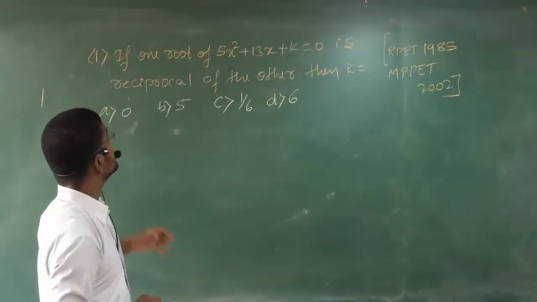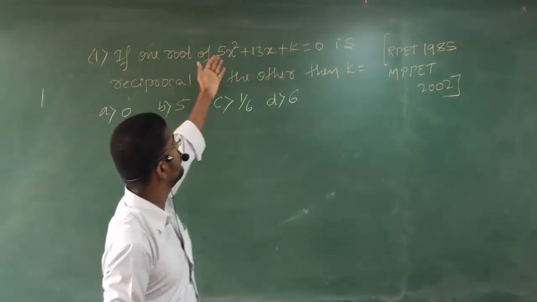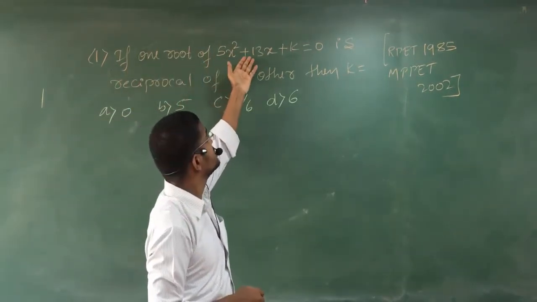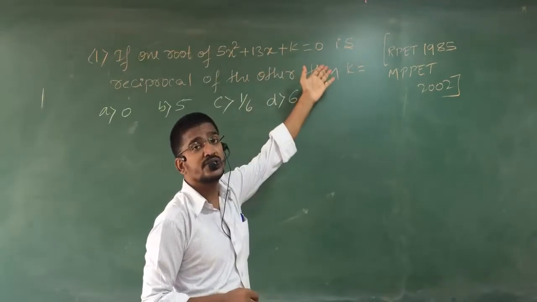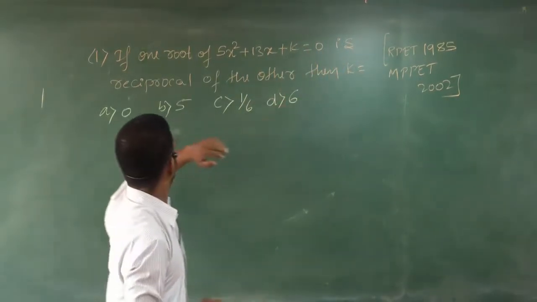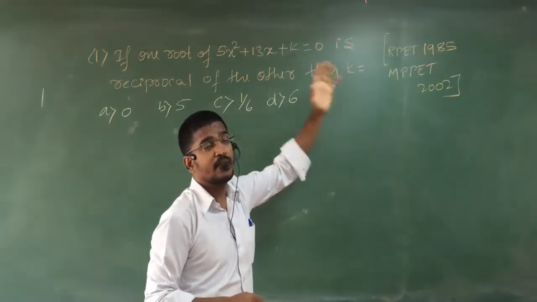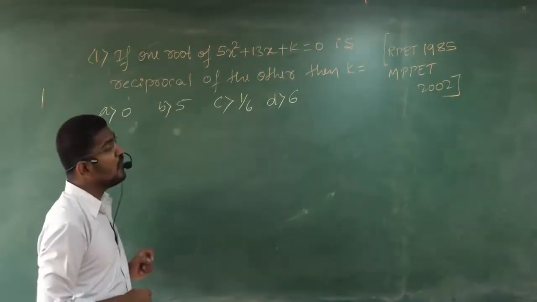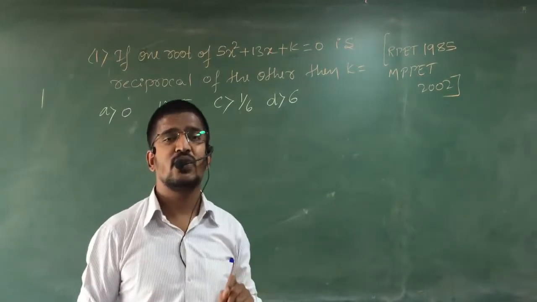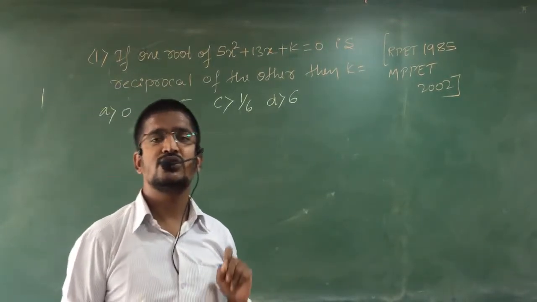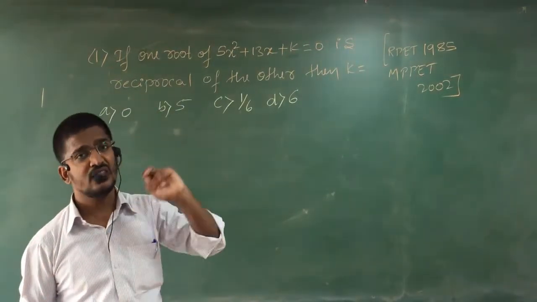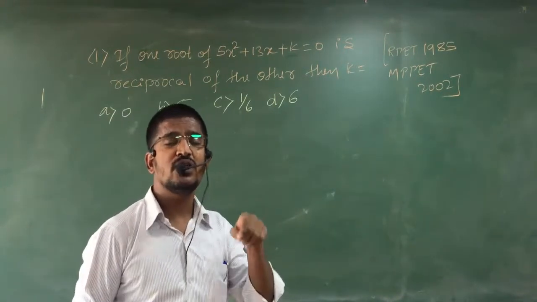Here, what is given? One root of 5x square plus 13x plus k equal to 0 is the reciprocal of the other, then find k. That means one root of 5x square plus 13x plus k equal to 0 is given and the other will be the reciprocal of the given root.